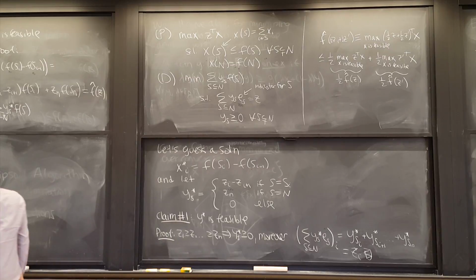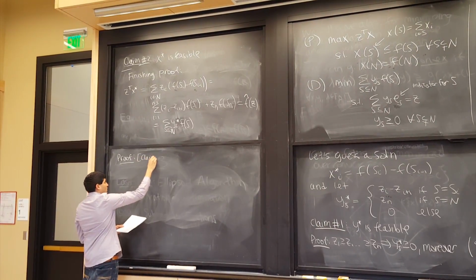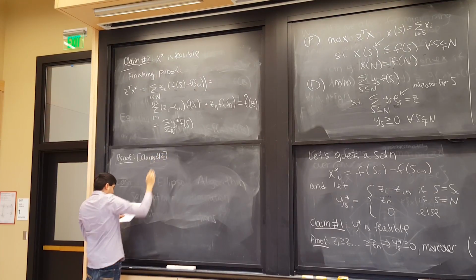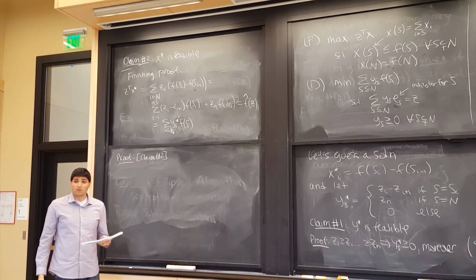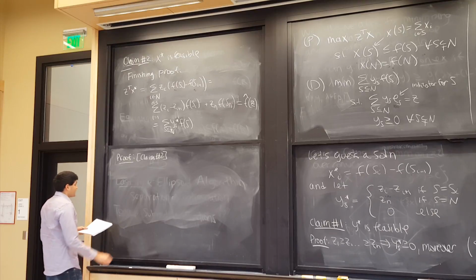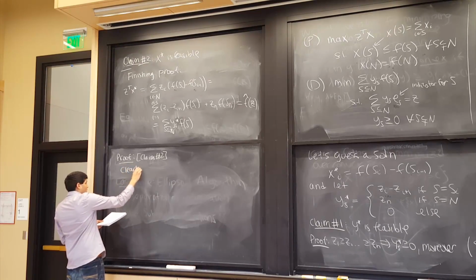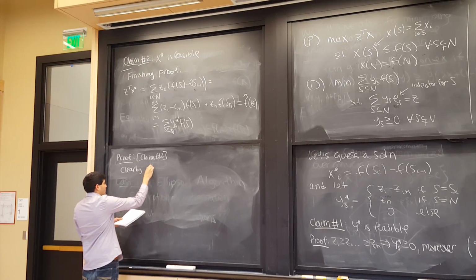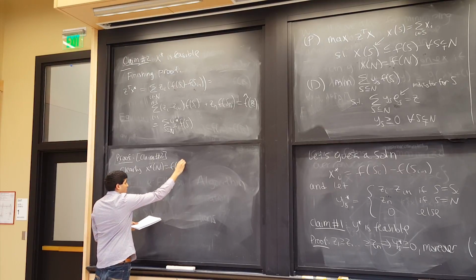All right, so let's prove claim number 2. We want to prove that X star really is feasible for this guessed solution that we've created. There are a few things to check. One is really trivial. I claim clearly X star of n equals f of n.